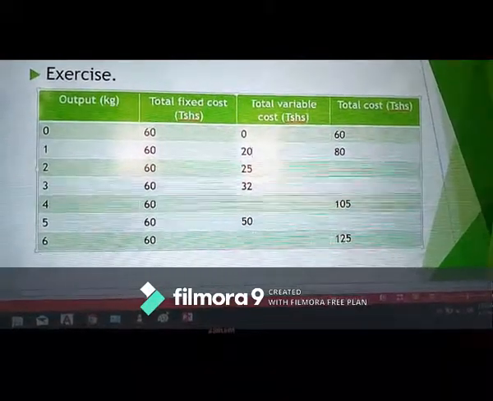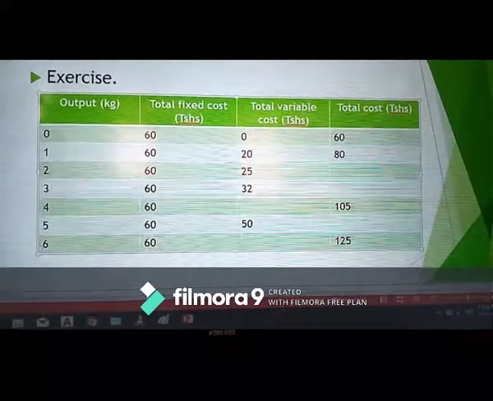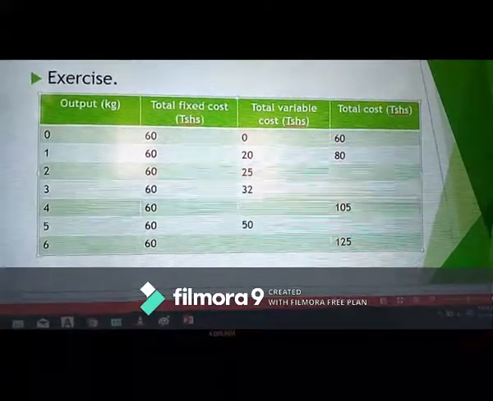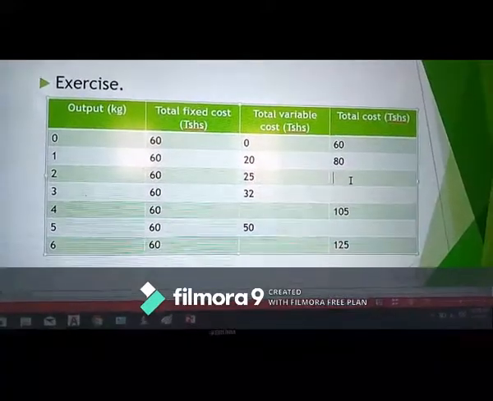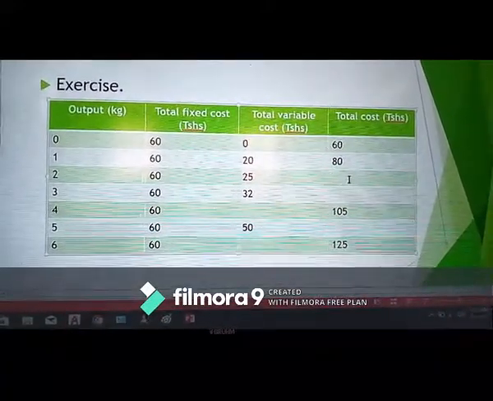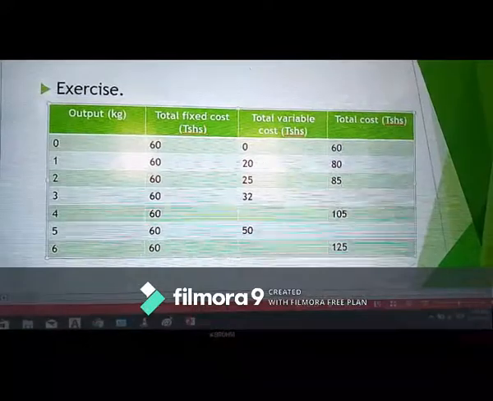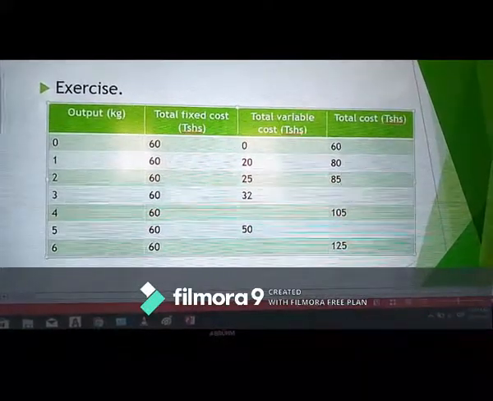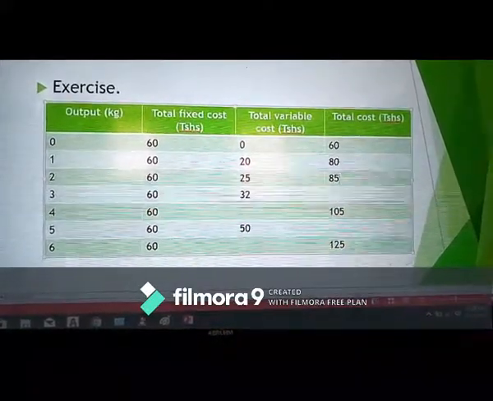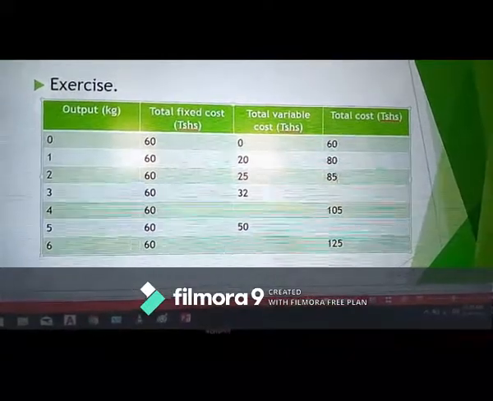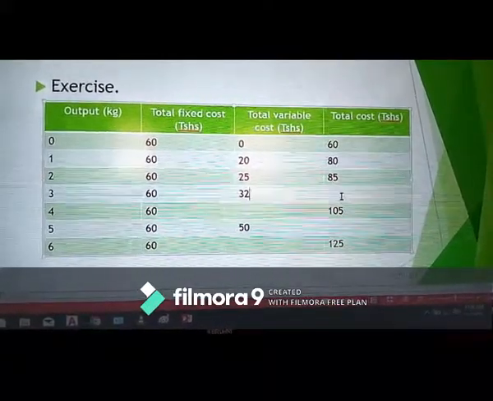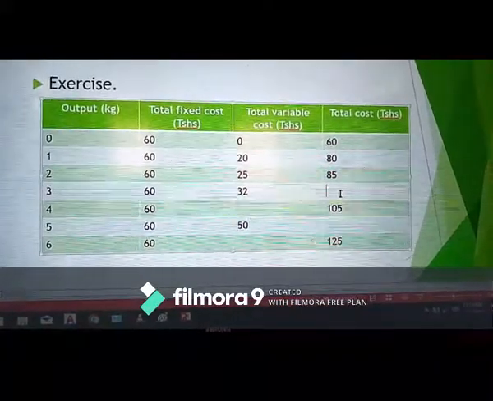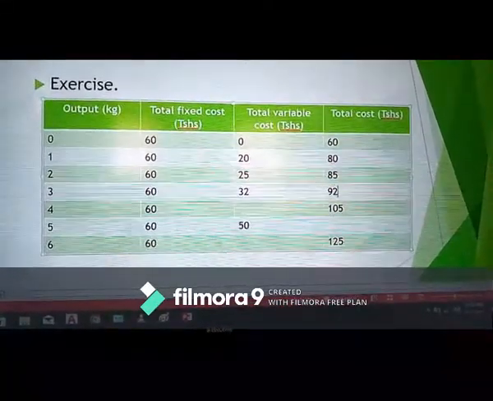Under level number 3, which is 2 kilograms, we take this 60 plus this 25, and our answer will be equal to 85. Under level number 4, which is 3 kilograms, we take 60 plus this 32, and our answer will be equal to 92.